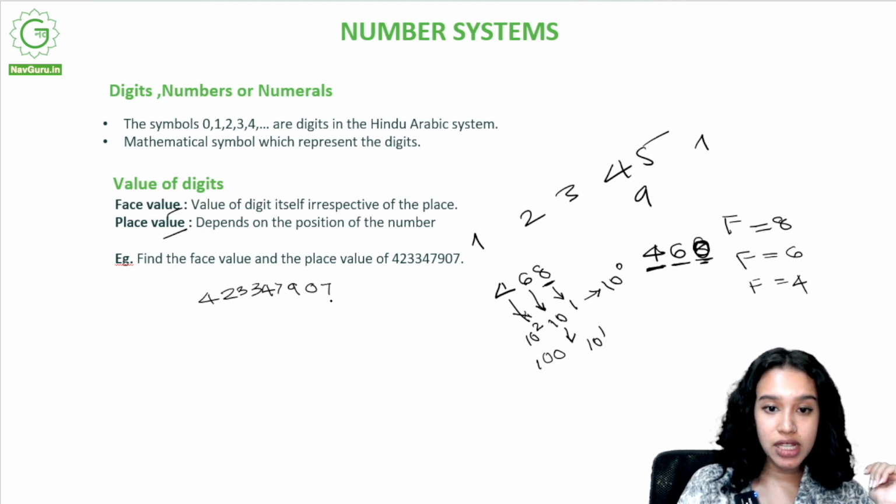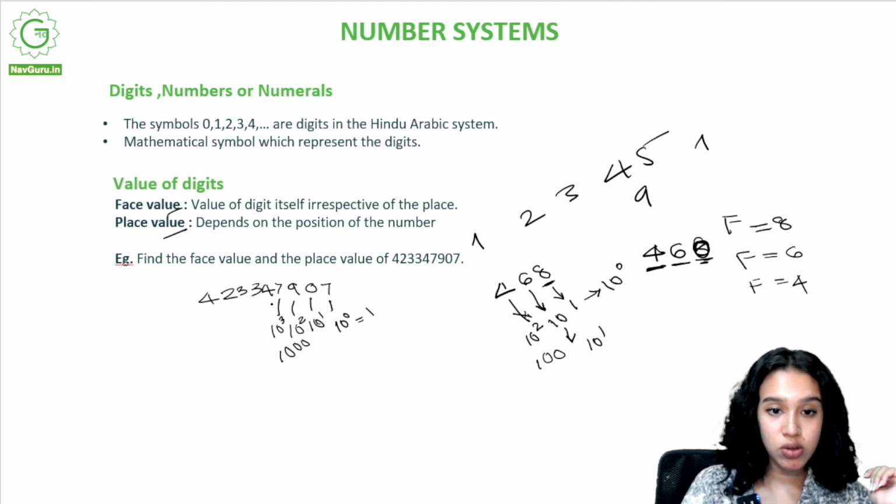First of all, the place value of 7 is 10 raised to 0, which is equal to 1. The place value of 0 is 10 raised to 1, which is 10. The place value of 9 is 10 raised to 2, which is 100. The place value of 7 is 10 raised to 3, which is 1 with triple zeros, that is 1000.